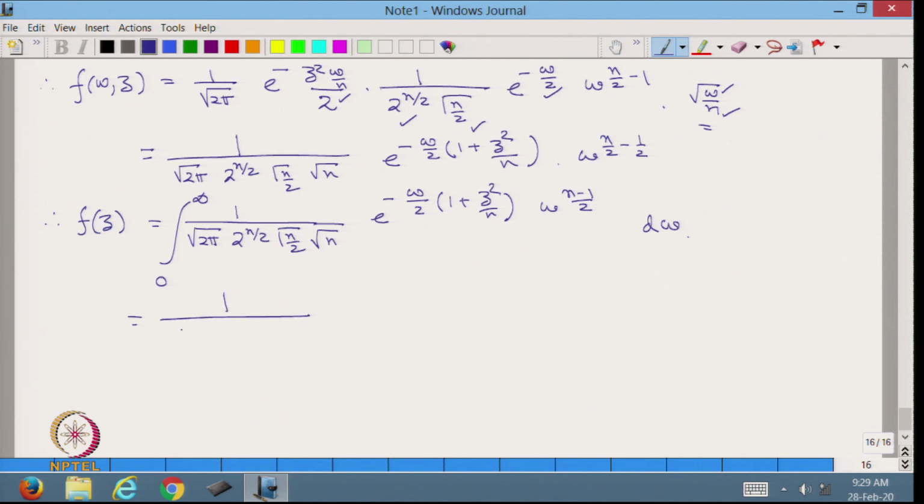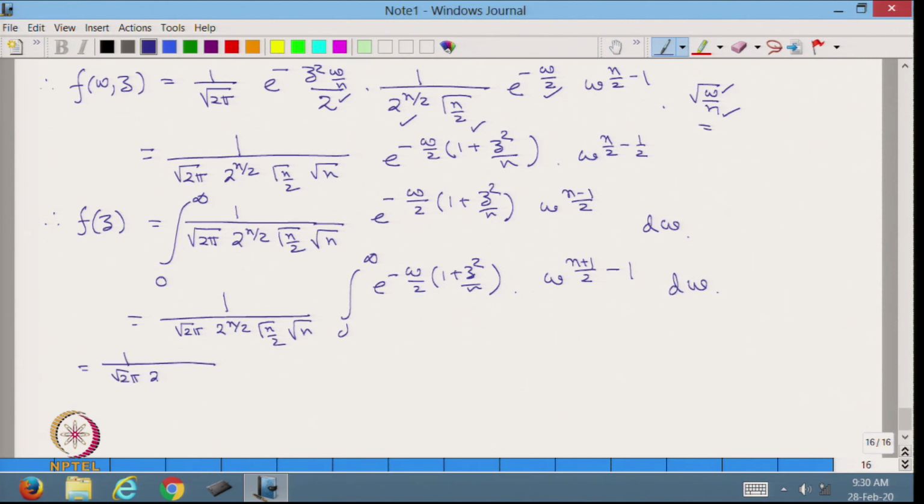All the constant terms come out, 1 over root over 2 pi 2 to the power n by 2 gamma n by 2 root over n, integration 0 to infinity e to the power minus w by 2 times 1 plus z square by n, w to the power n plus 1 by 2 minus 1. We are writing it in this form, dw.